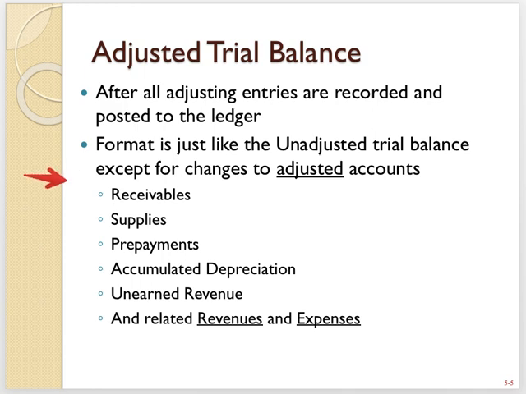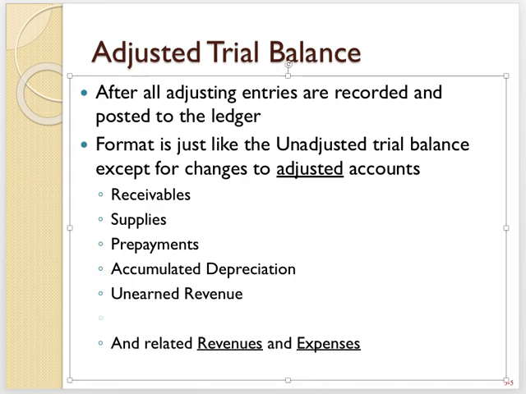So you're going to see changes in accounts such as receivables, supplies, prepayments, accumulated depreciation, unearned revenue. Oh, and I forgot one here, let me add it in: payables. Things like salaries payable and other things like that. You're going to see changes there.